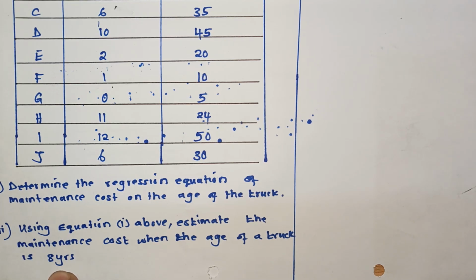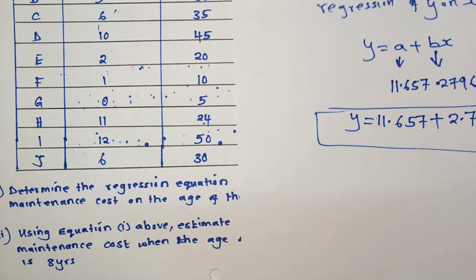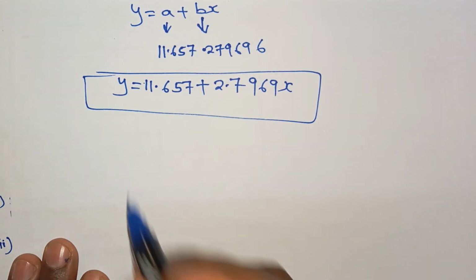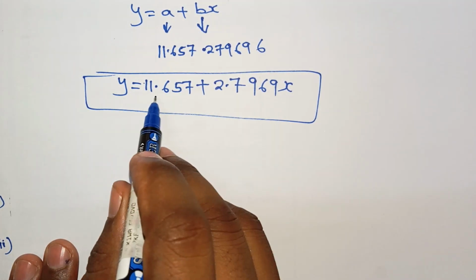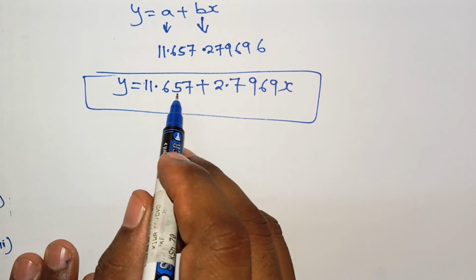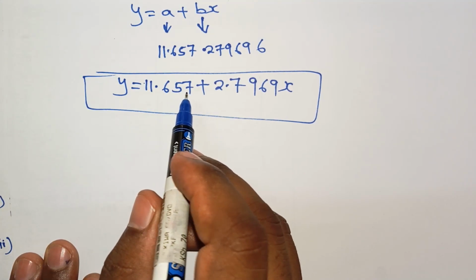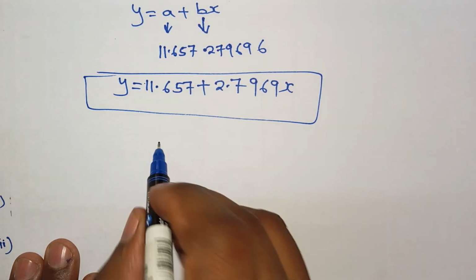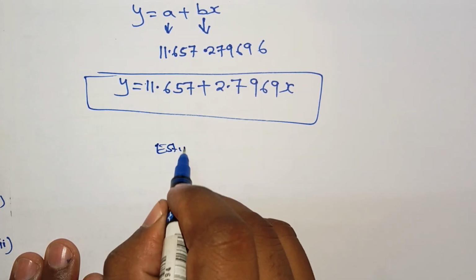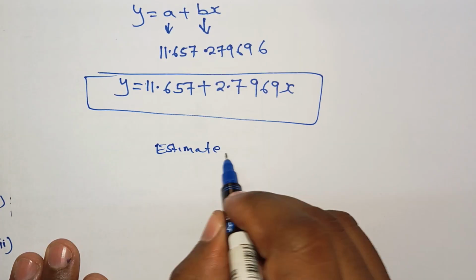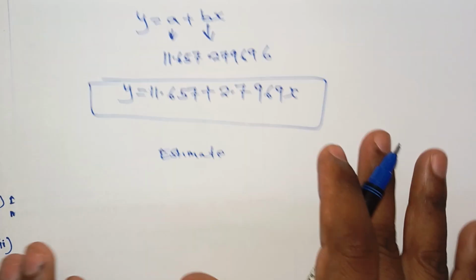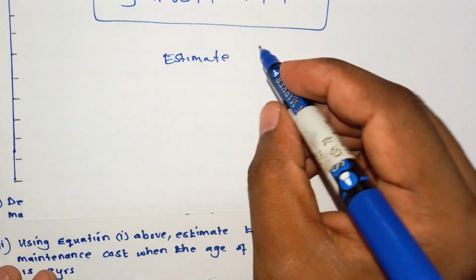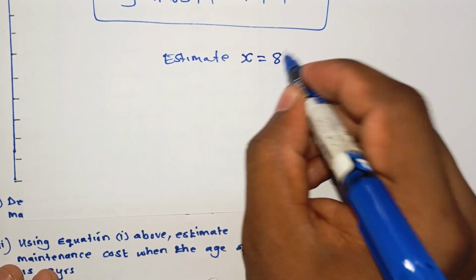So in this particular case, because we have our regression equation here, which is y equals 11.657, what we need to do is estimate the maintenance cost when x is equal to 8.